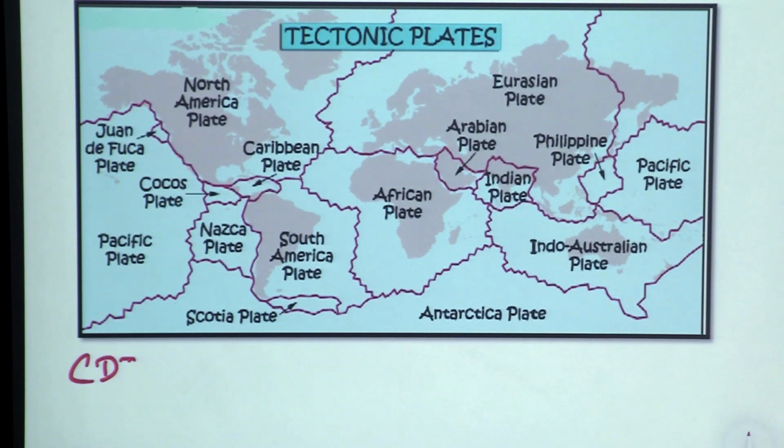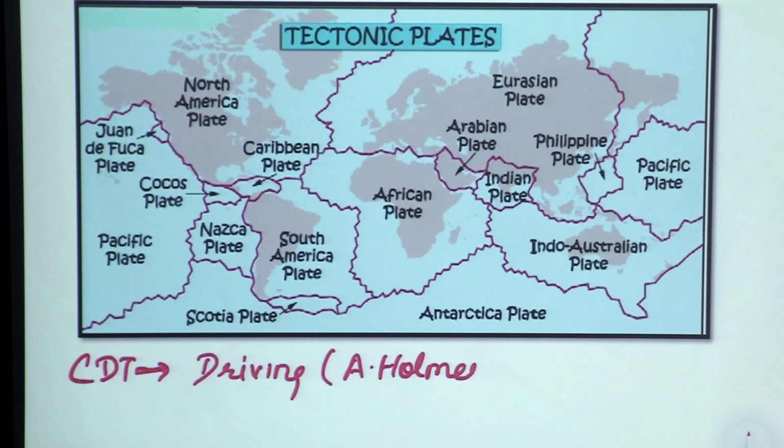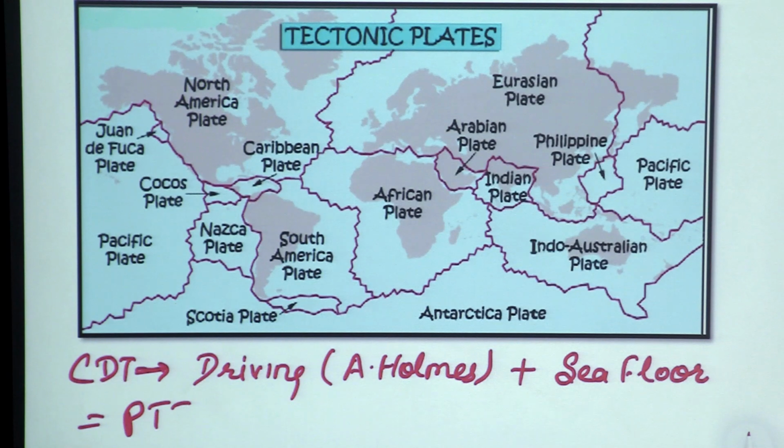Continent drift theory created the base on the reference of which the driving mechanism was contributed by Arthur Holmes, which in combination with seafloor spread, I have not talked about it, gave us plate tectonic theory.